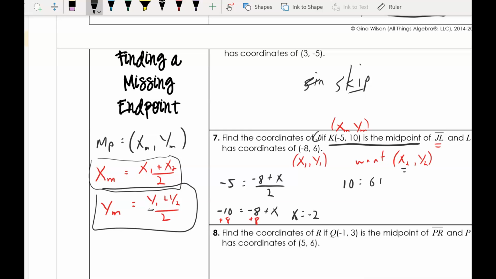So that's 6 plus the other y over 2. And we just have to solve that equation. Multiply both sides by 2 and we get 20 equals 6 plus y. Subtract 6 from both sides and we get y equals 14. So the other endpoint is (-2, 14).